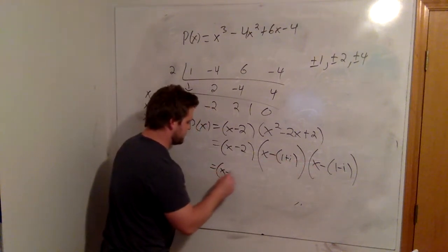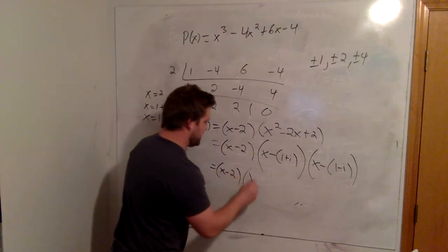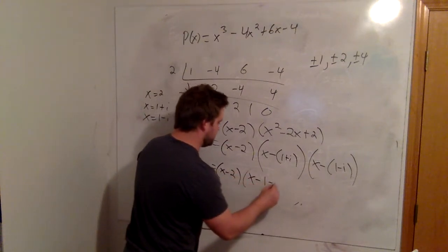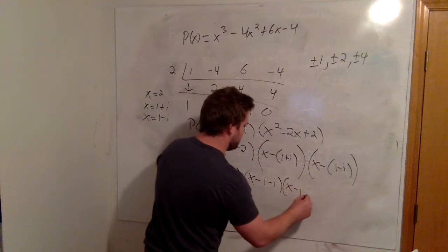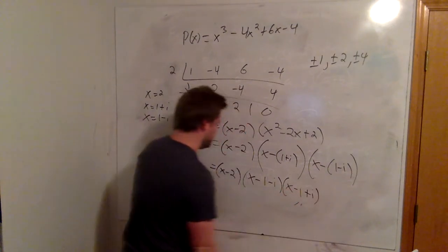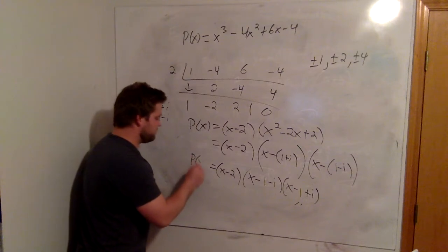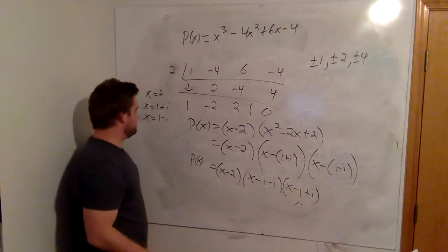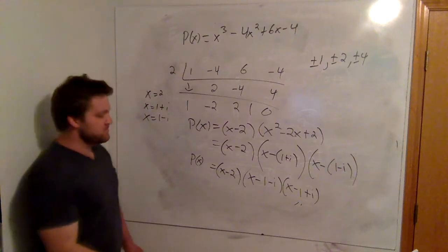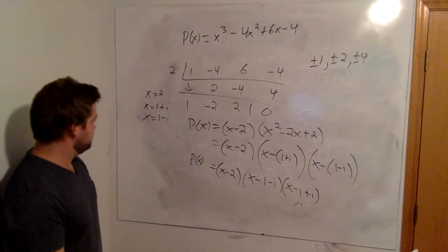So I'll write this as x minus 2, and an x minus 1 minus i, and an x minus 1 plus i. So this polynomial factors into 3 linear factors. It has 3 roots. 2 of them are complex, and the complex ones have their complex conjugates to hang around.